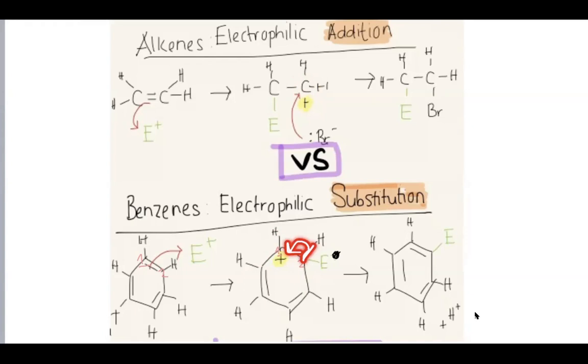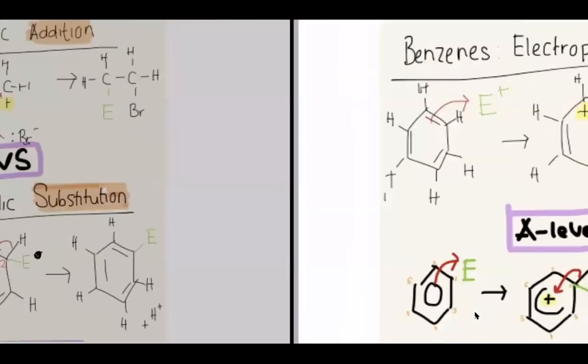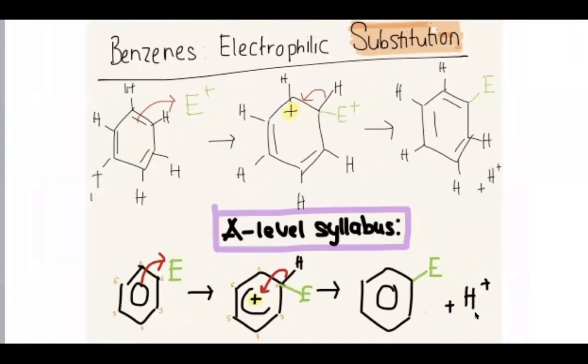The negative charge on the electrons and the positive charge on the carbon cancel each other out to get this product. This is how substitution works, and this is how addition works. I hope you can contrast between these two. That is when we draw the Kekulé structure, which is not recommended.